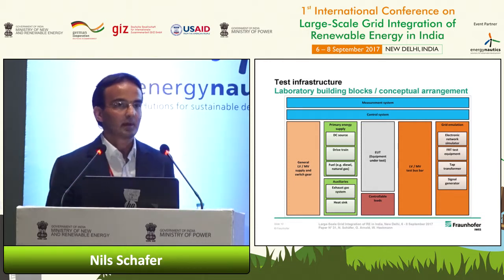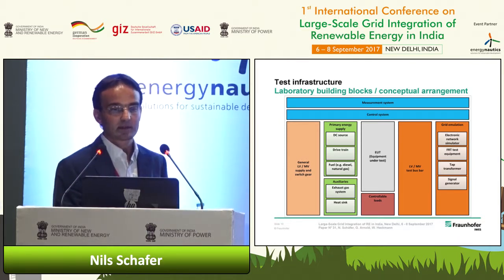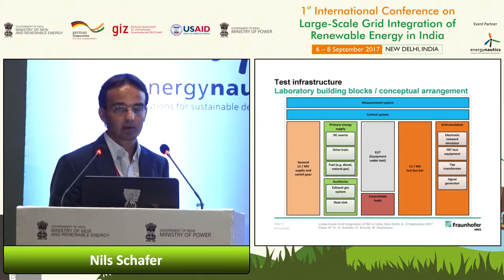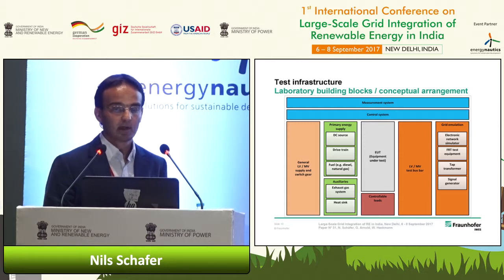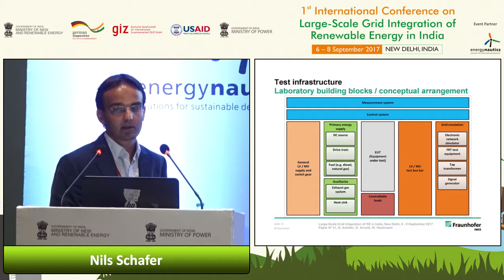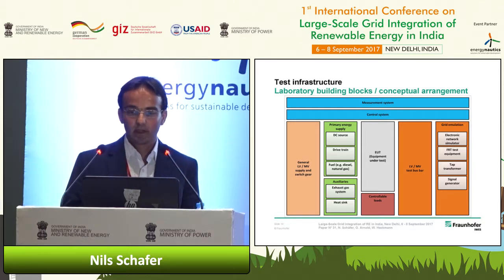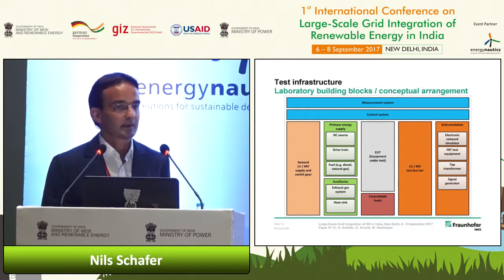This can be done, for example, for photovoltaic inverters. So in the middle of this block diagram, you can see the equipment under test. And in blue, we have measurement system and control system. Orange boxes are low, medium voltage test bus bar and the grid emulation. So the grid emulation on the right side may comprise electronic network simulator, fault ride through test equipment, maybe a tap transformer to have different AC voltages, and a signal generator maybe for testing protection.